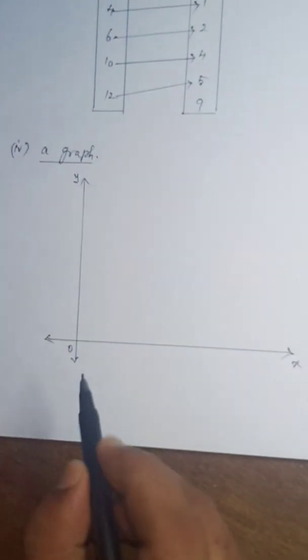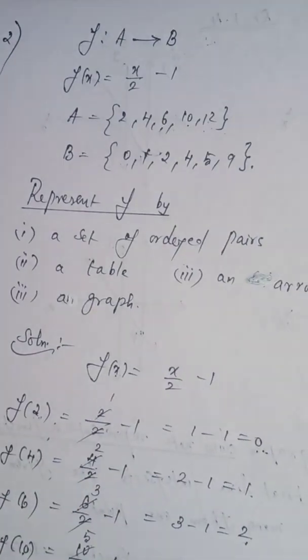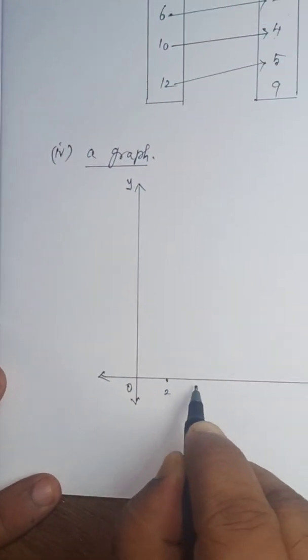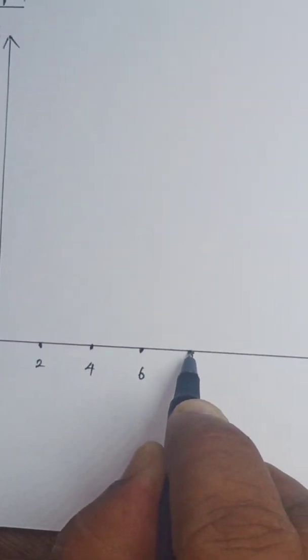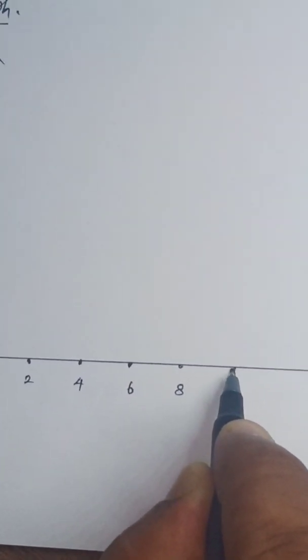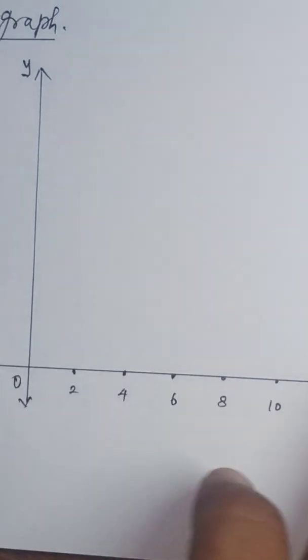X, Y, here domain, here codomain, here 0. What are the elements in domain? 2, 4, 6, 10 and 12. So multiples of 2 only. I consider 1 centimeter equals 2 units: 2, 4, 6, 8 and 10. Approximately you have to plot the points.